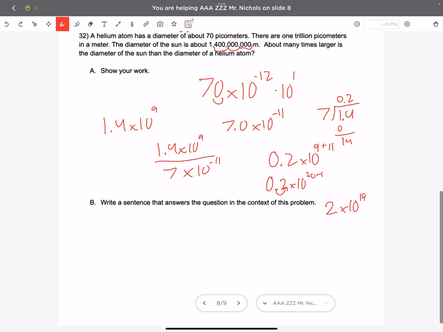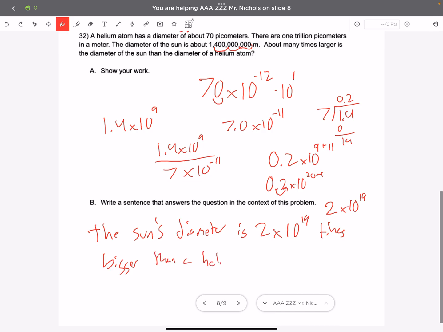And so what you could say is the sun's diameter is 2 times 10 to the 19th times bigger than a helium atom's diameter. And that's it.